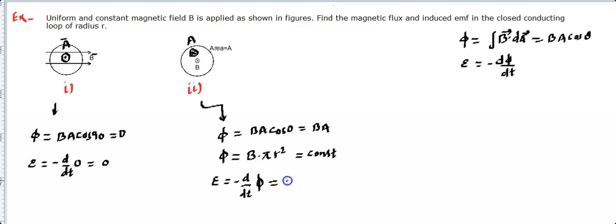So since this is a constant, it becomes 0, that means no EMF. So in this case, you'll find flux will be passing through the loop, but flux is not changing, hence no EMF is coming. Hence you will say no current will be running on this, neither any current will be running in this. Okay. So that's a basic example that relates flux and change in flux in these two cases.